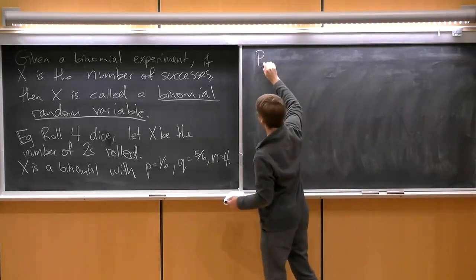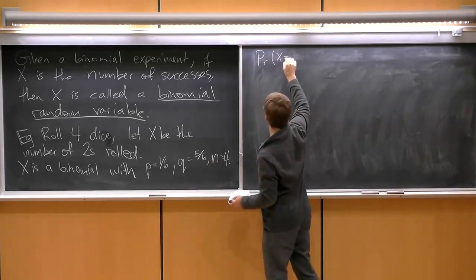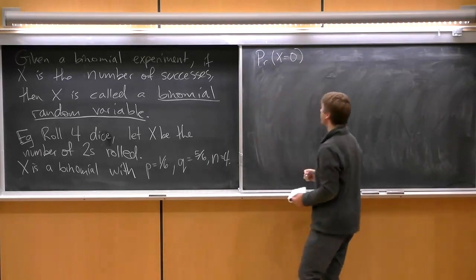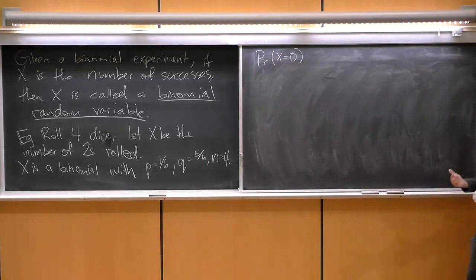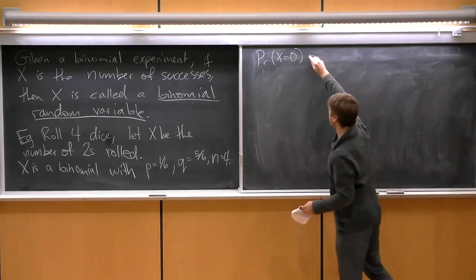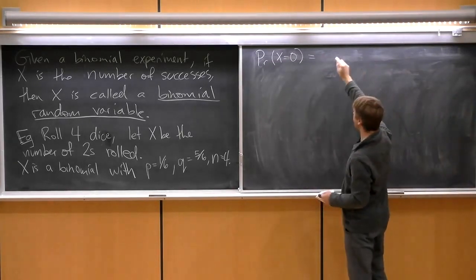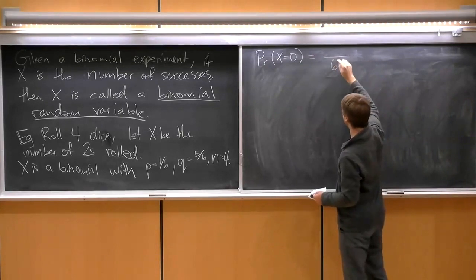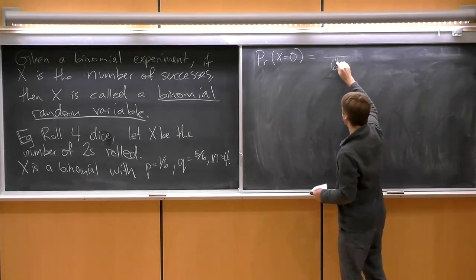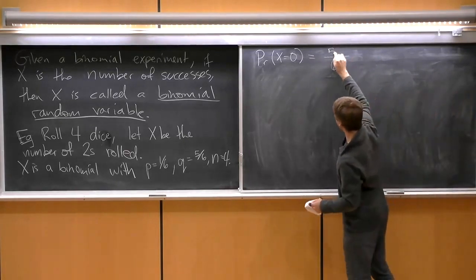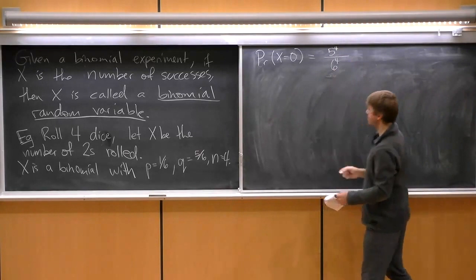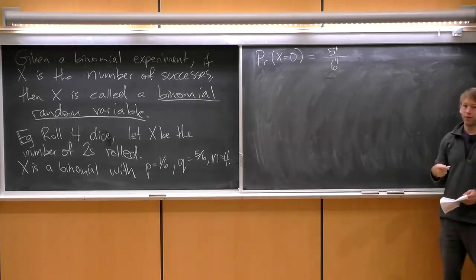So in this example, if we wanted to compute the probability x is 0, this is something we already know how to do, right? The bottom is the total number of outcomes, and on the top we've got the number of outcomes where none of them roll a 2, right?